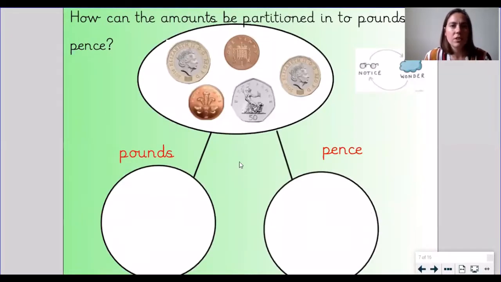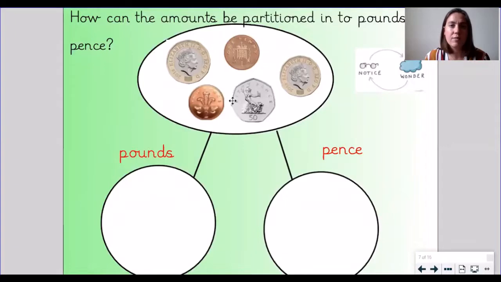We are partitioning into pounds and pence, and this is where we can use our coins or the resources around us to help us. When you have an amount of money that you need to partition, a good way of working this out is to figure out how much you have altogether, and then first take out the pounds, and then you have the pence that's left over.